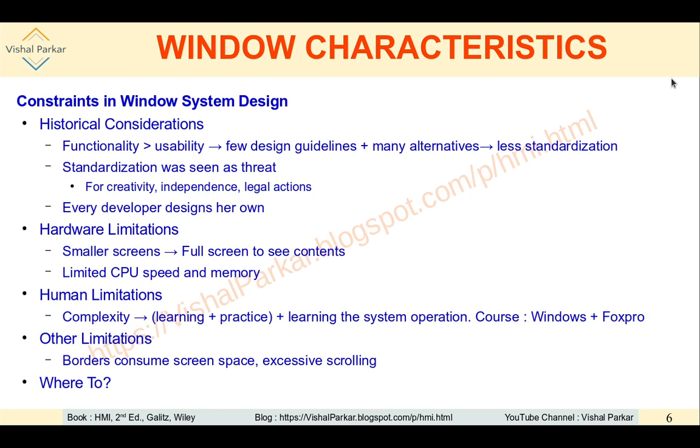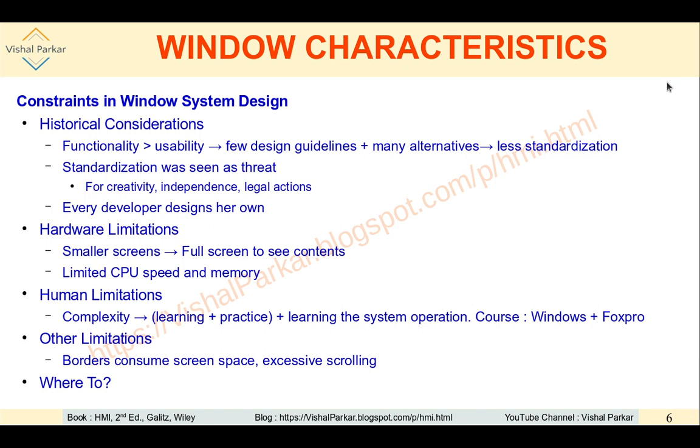So constraints in window system design we'll see now. There are some constraints so far as the historical situations are considered. In the beginning, while the GUI systems were there, the emphasis was more on functionality, less on usability.